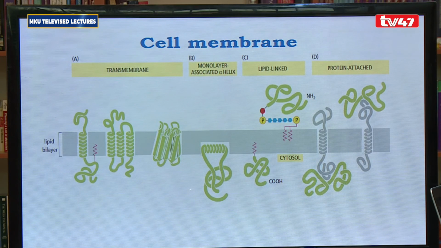So as you can see, this protein is transversing the membrane, the lipid bilayer. This is also transversing. These ones are now transmembrane. They are all transversing the membrane. Here, these ones are only on the surface, but they are independent, but they are not going through.